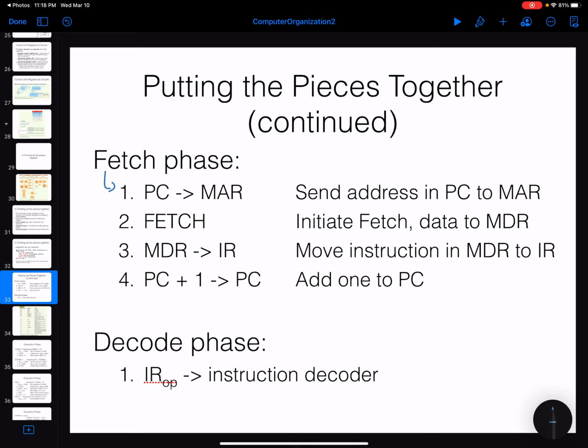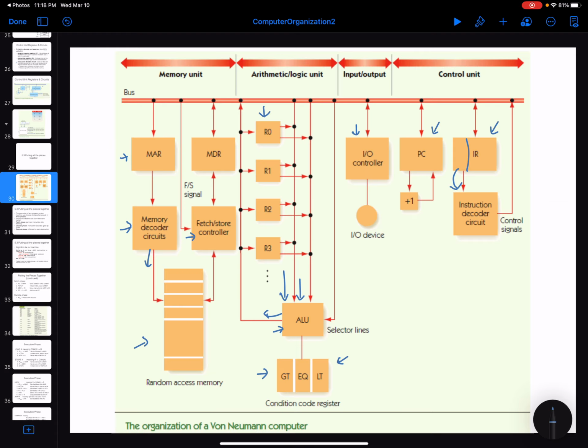The content of that address inside MAR will be sent to the MDR. From the MDR, you need to copy to the IR. Remember, IR was the instruction register inside the control unit. So the content of the MDR will be copied into the IR. When it is sent out to the IR, now we can decode it.